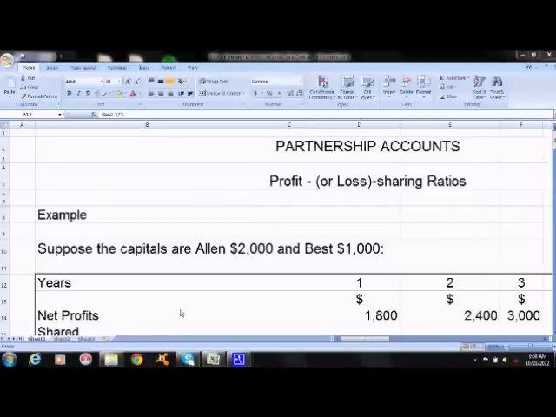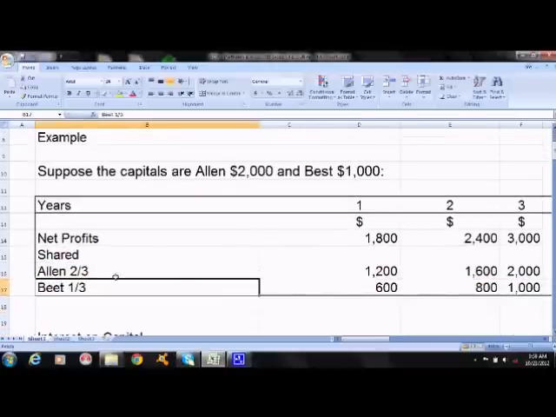Now, in this example, the division of the first 2 years' profits on such a basis is shown right here. You notice that it is 2/3 to 1/3.